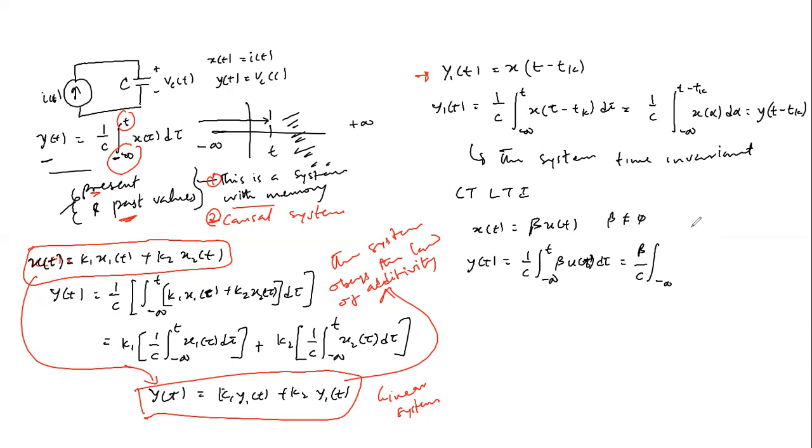since u of t is multiplied, let's assume this is t at this point. Now, u of t, this is, let me use a different color. This is u of t.